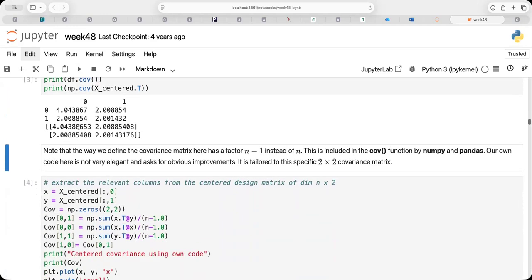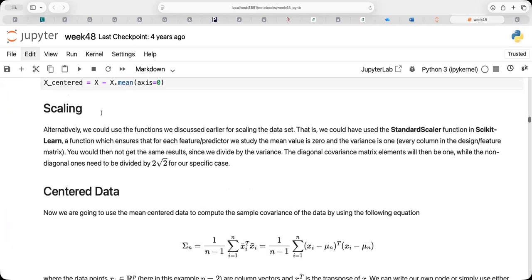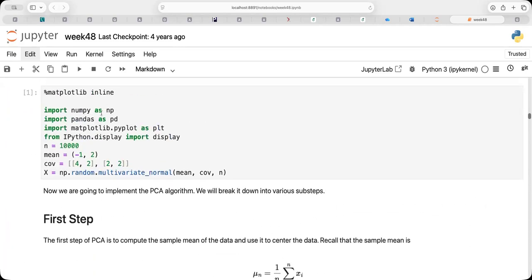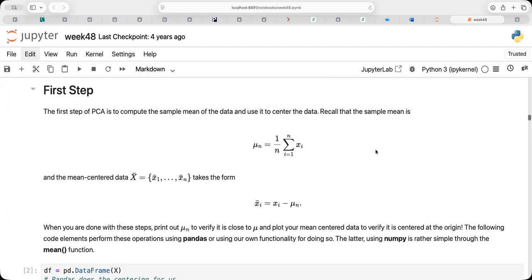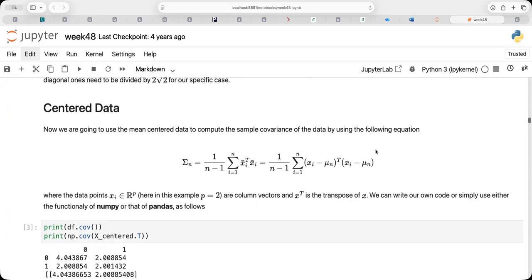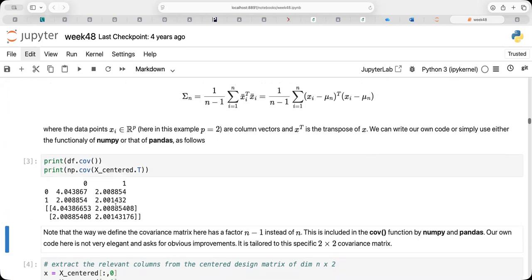Nothing particular here. I'm not getting exactly 4, and I'm not getting exactly 2. So this is my covariance matrix. If we go back here, 4, 2, 2, just an example I chose, you see you don't get exactly 4 and 2 because we have only 10,000 data points. If I were to take 100,000, I would get closer.